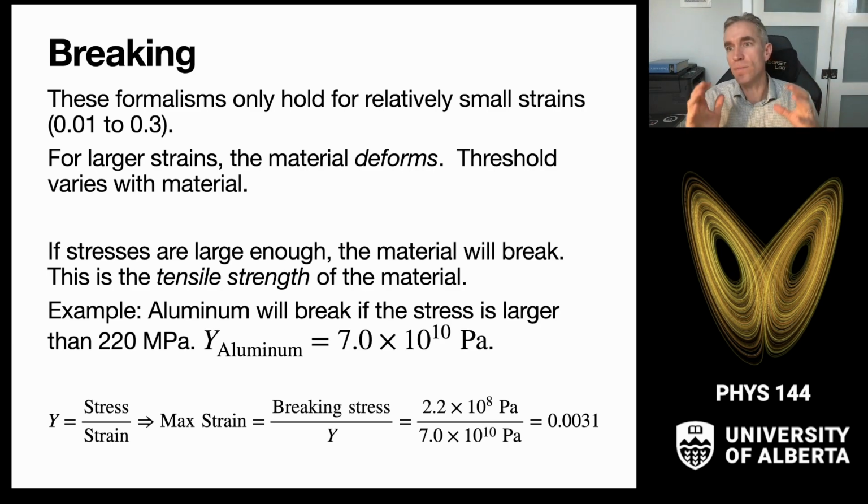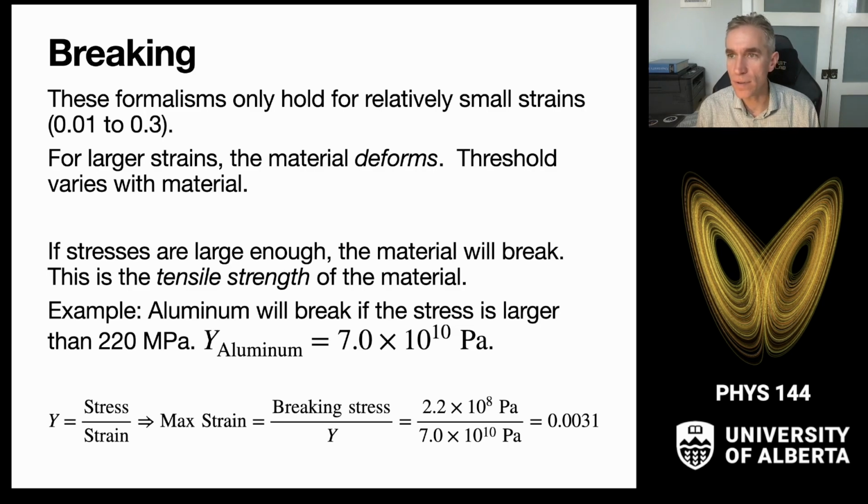And typically, it depends on the material, but those strains are 0.01 to 0.3. Remember, these are fractional changes in the object. After that, the material will start to deform. And then if things are large enough, the material will break.